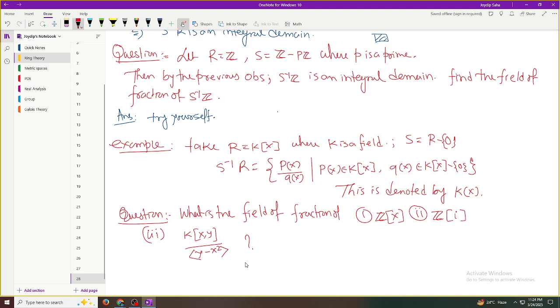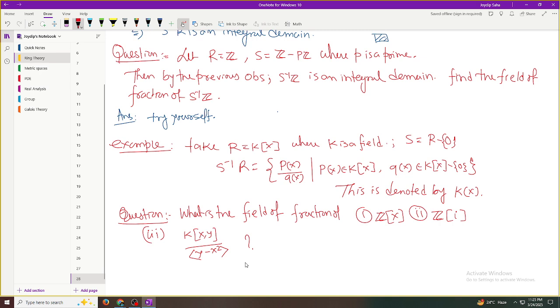And number 3 is very easy. You know the map k[x,y] to k[t], where x goes to t, y goes to t square. Then you know that the kernel is y minus x square, and the map is surjective because x goes to t. So k[x,y] quotient y minus x square is isomorphic to k[t].